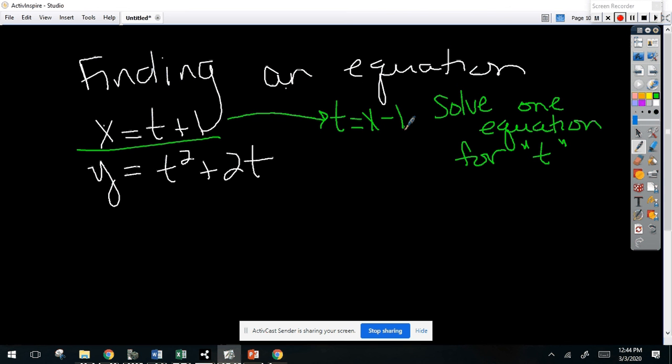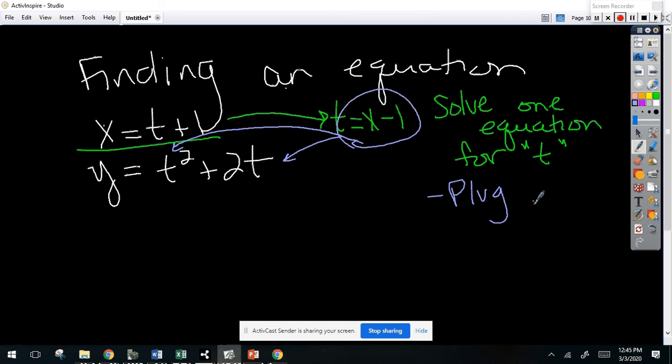Now what you're going to do is take that value for t and plug it in the other equation. So my goal is to get rid of all the t's.